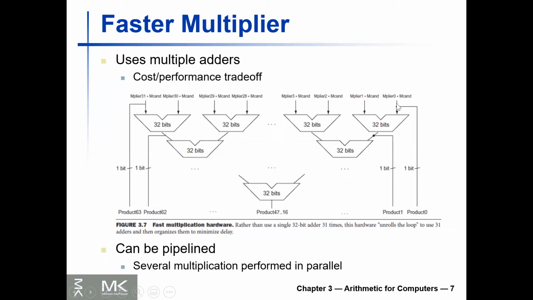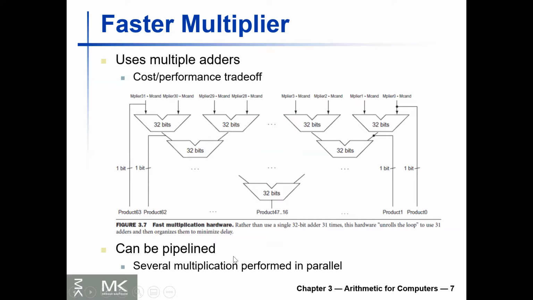This is bit by bit addition, next bit by bit addition, next bit by bit addition. So this way we will have many adders, but what is the advantage? Because they are working in parallel, it is going to be very fast.